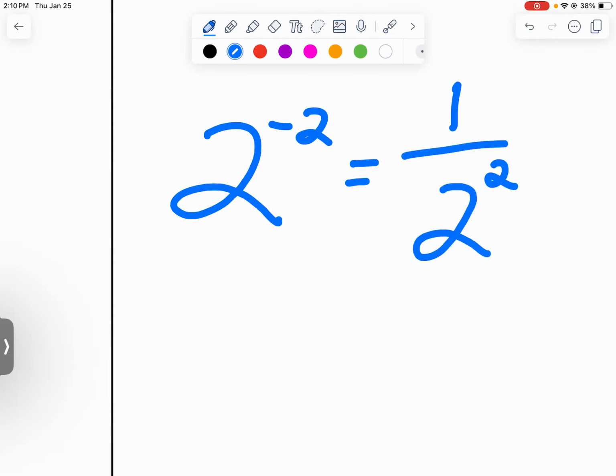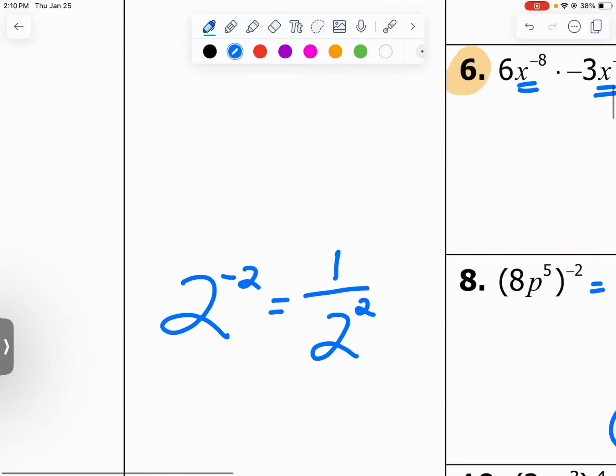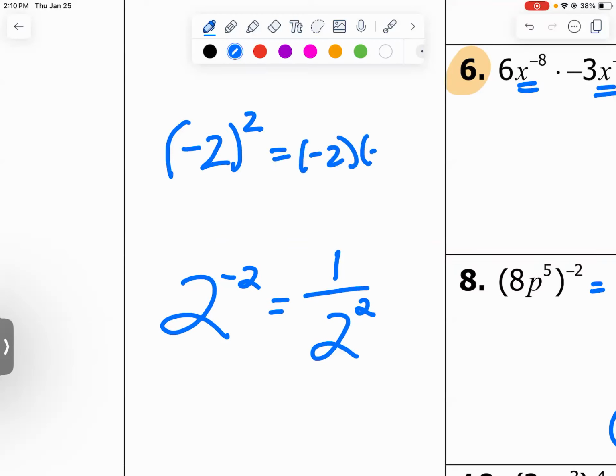Yes. Now, if we're talking about -2 squared, that's when we're talking about -2 times -2. Do you see the difference? Okay, a negative exponent means you have to go across the fraction bar.